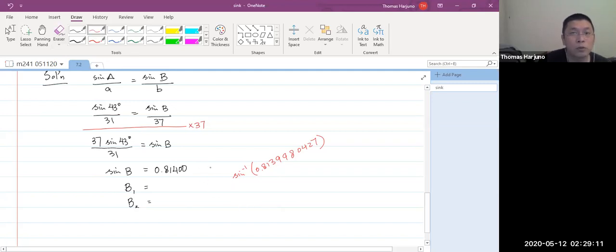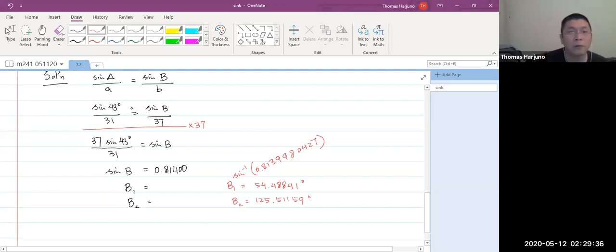So if you do that, you will get B1 equals 54.48841 degrees, and B2 therefore 125.51159 degrees.